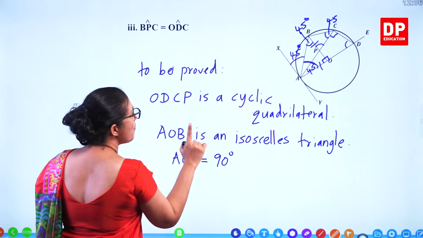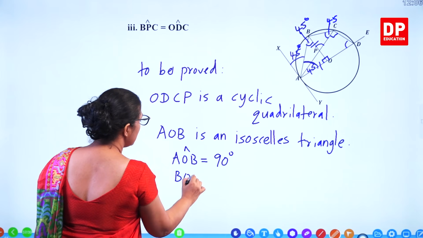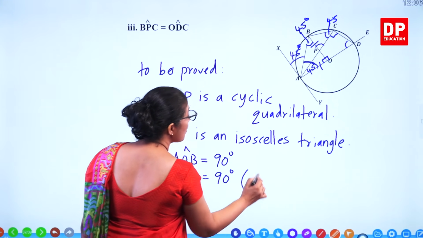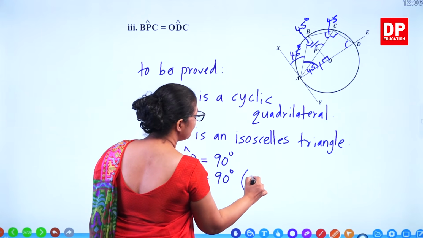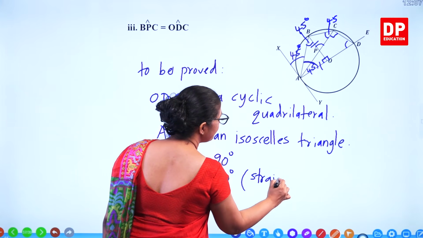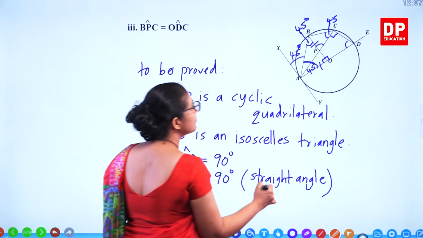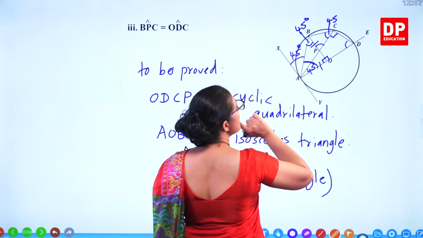So therefore angle BOD is also 90, because of a straight angle. So we found this is 90.